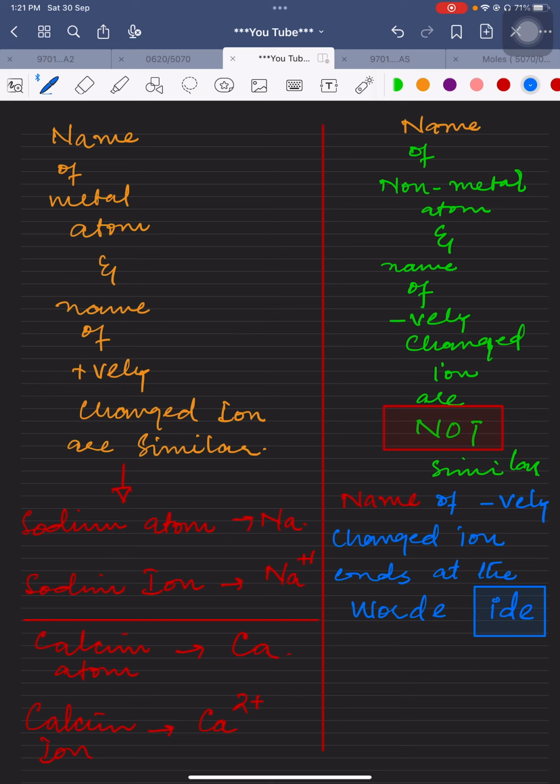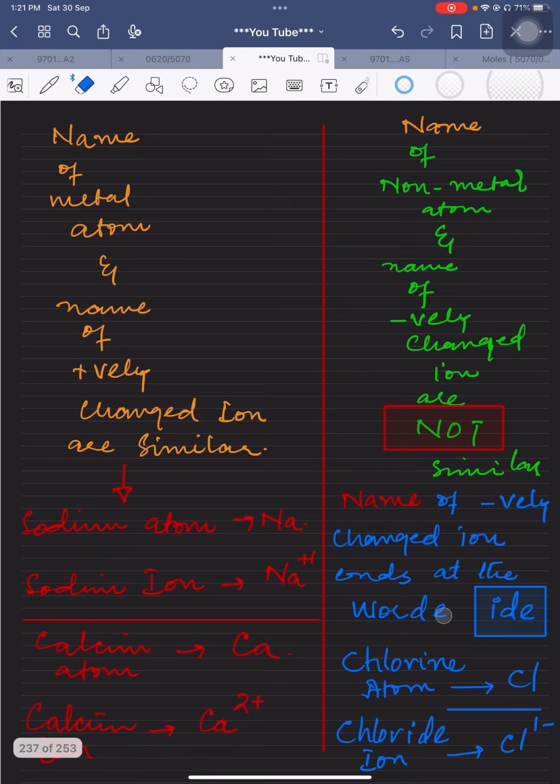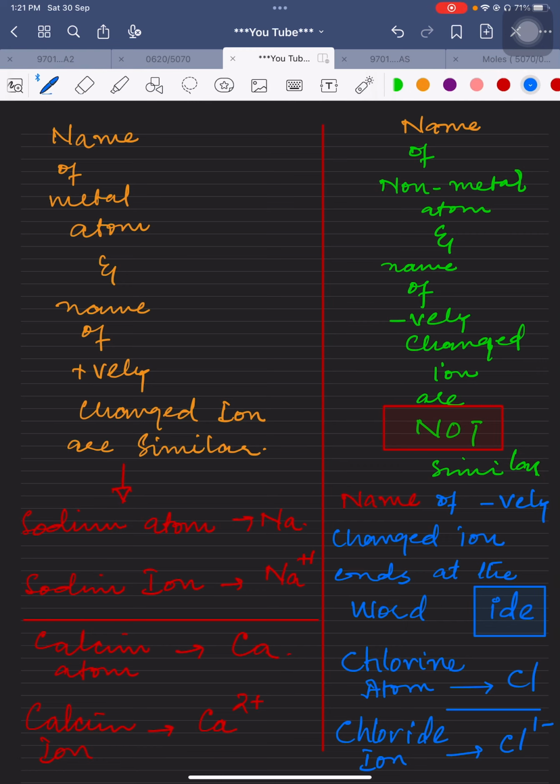For example, chlorine atom, Cl; chloride ion, Cl1 minus. Is that okay? So this is how it is happening, ending with the word IDE.